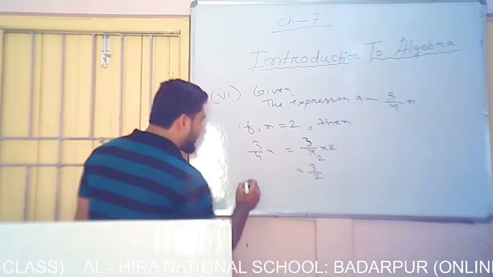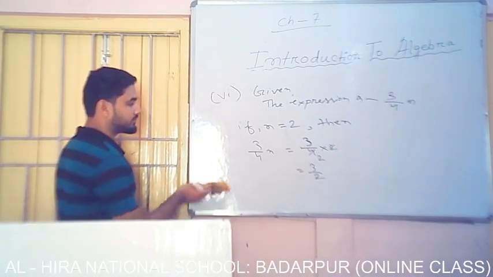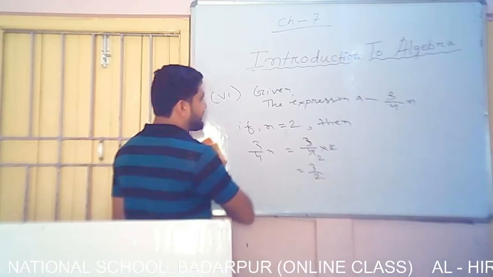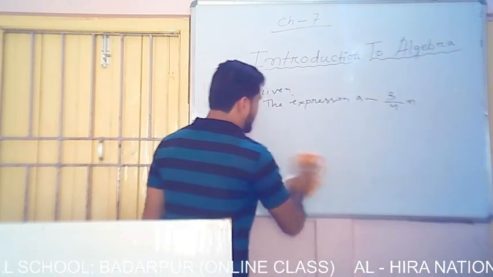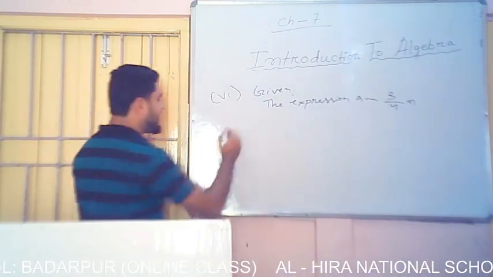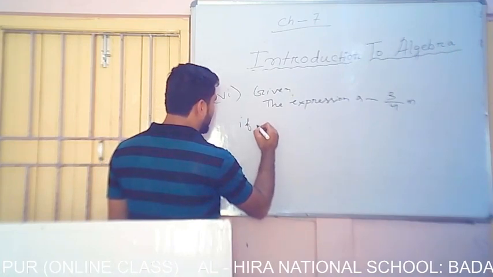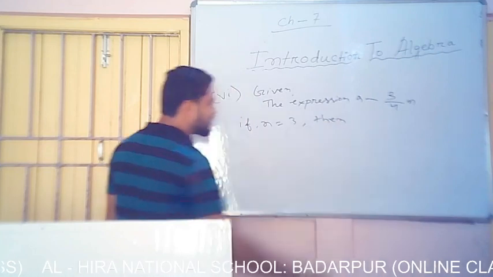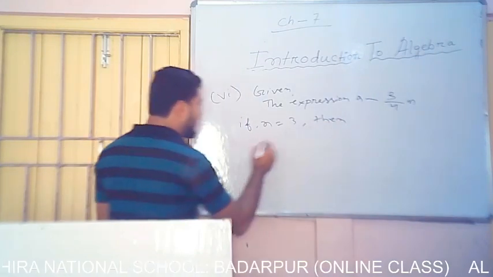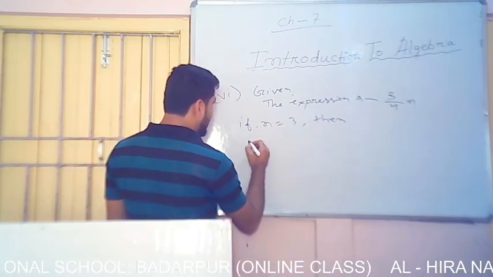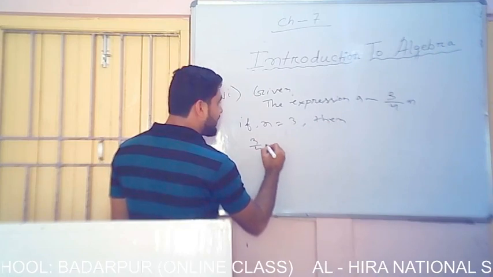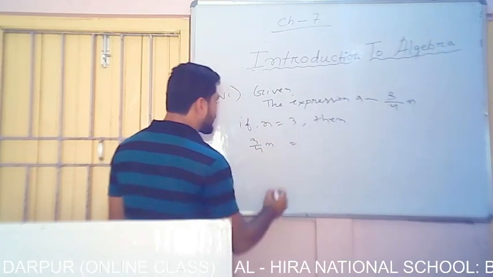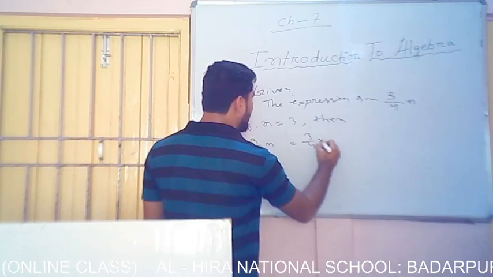Now write, if n equals 3, then 3 by 4 n equals 3 by 4 into 3.